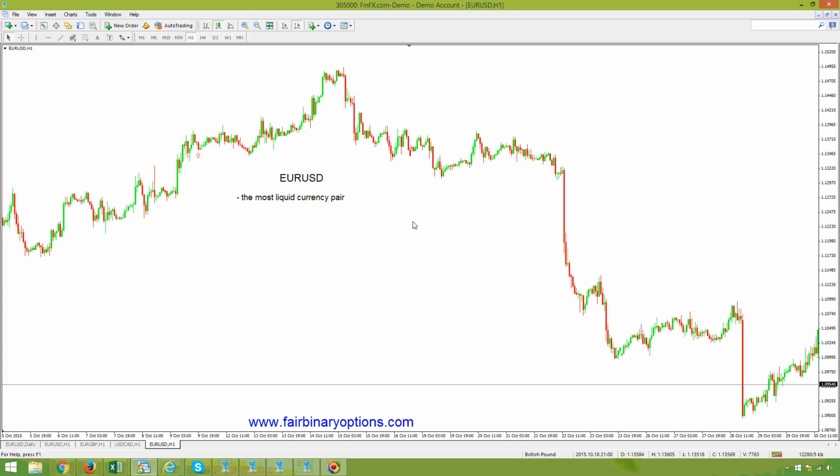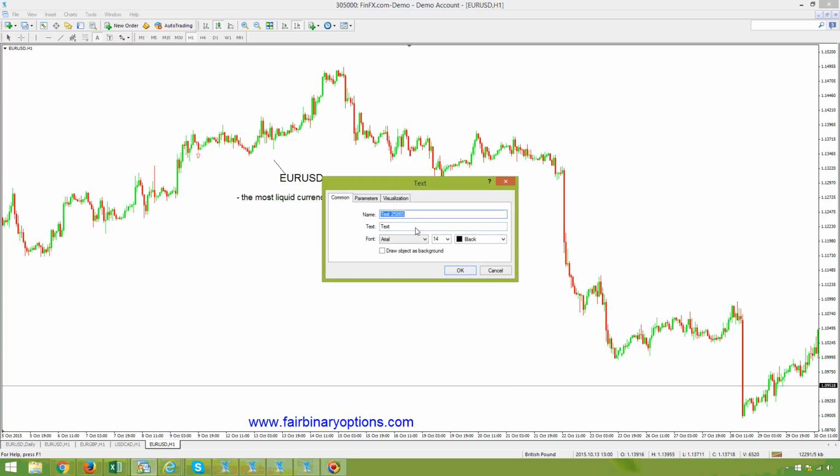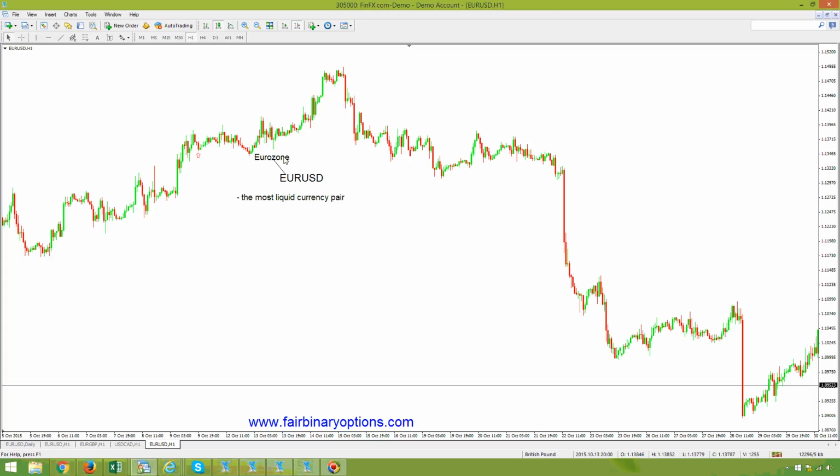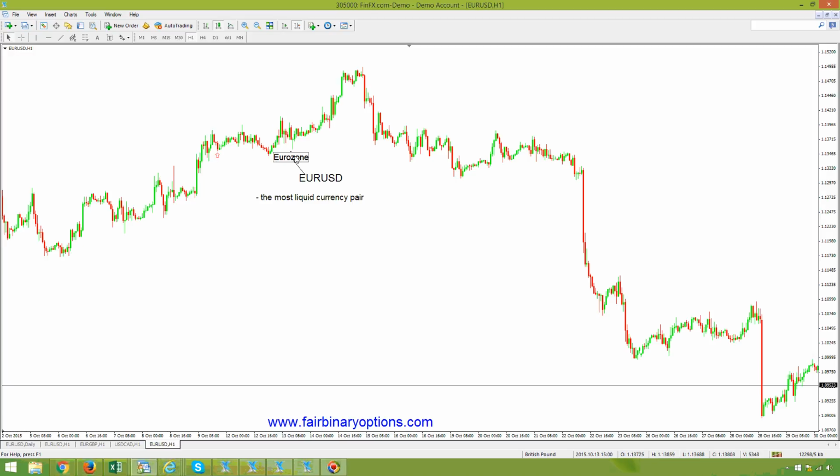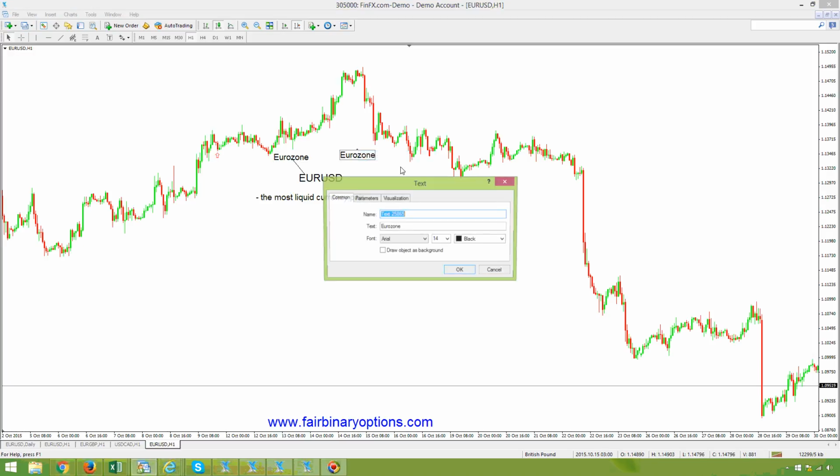Like any currency pair, it is moving based on the differences between the two economies it represents. Basically, we are discussing the Eurozone, and of course we are discussing economic news or economic events out of the United States.